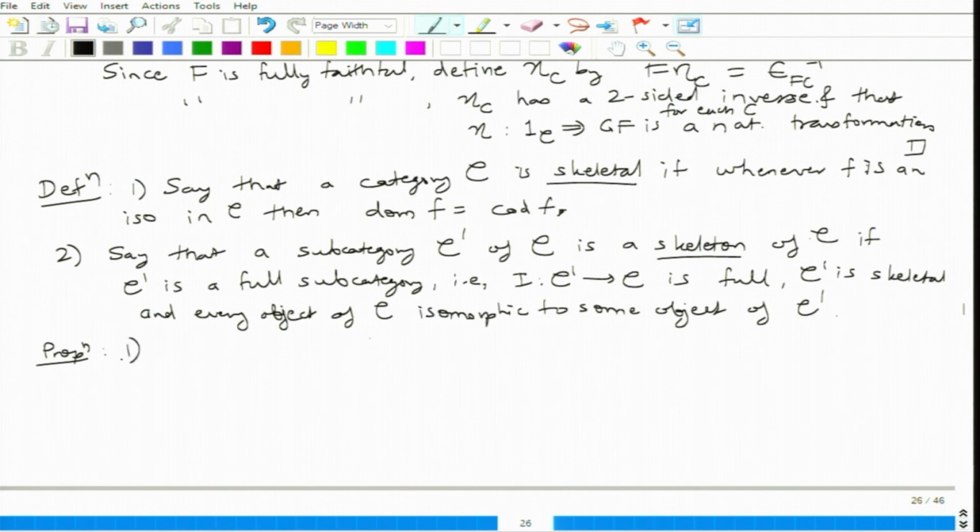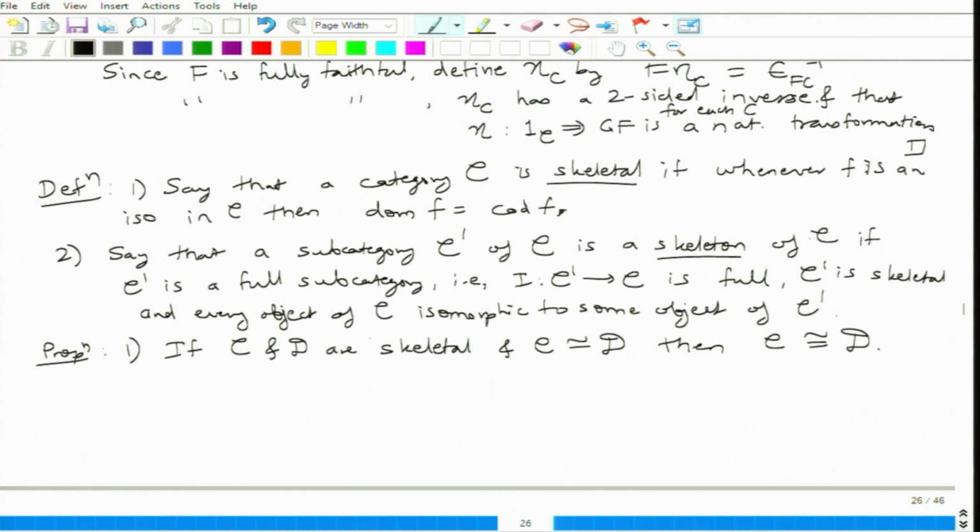I will say the first part: if C and D are skeletal and C is equivalent to D, then C is isomorphic to D. What is the notion of isomorphism?